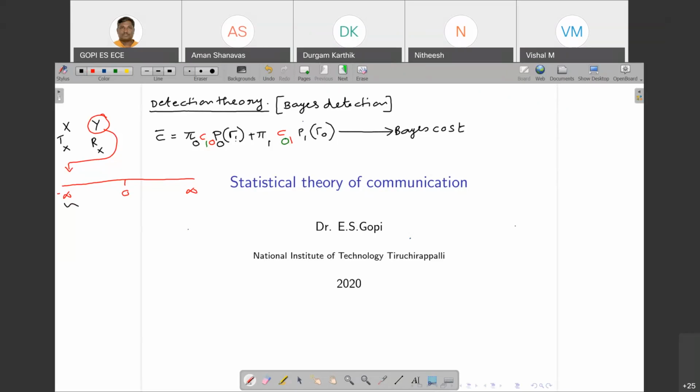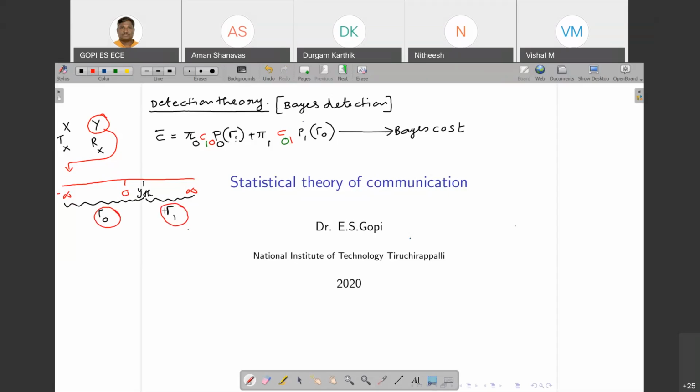Say, for example, from minus infinity to some point here, some sort of thresholding, this one we can say is gamma naught, and here this is going to be your gamma 1. You are dividing whatever you are observing into two parts. That is what we call partitioning this observation set into two parts. One is gamma naught, the other one is gamma 1.